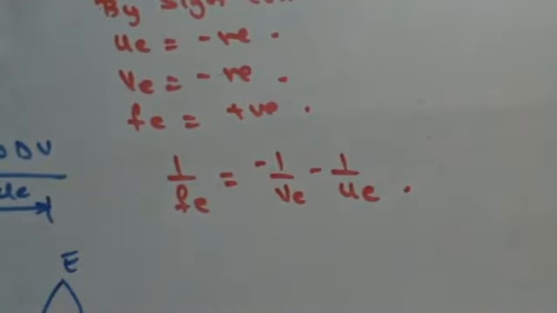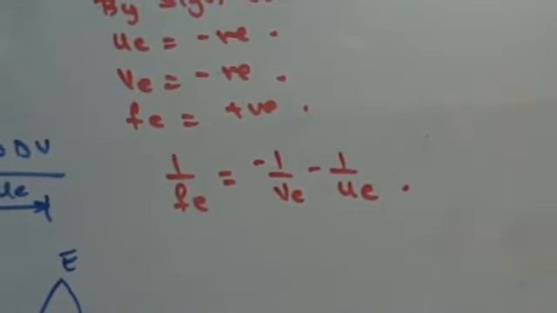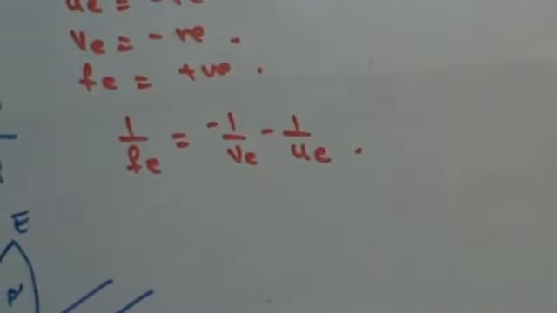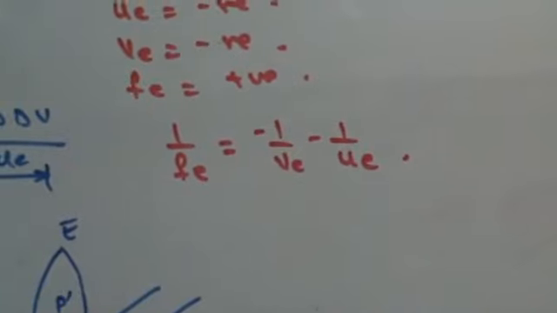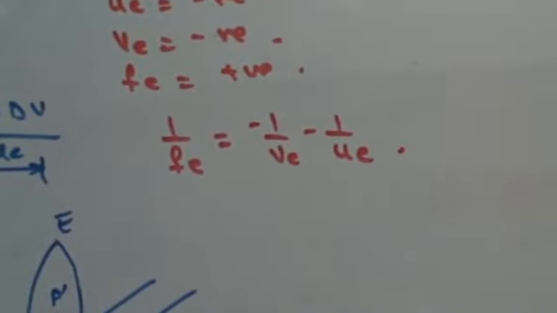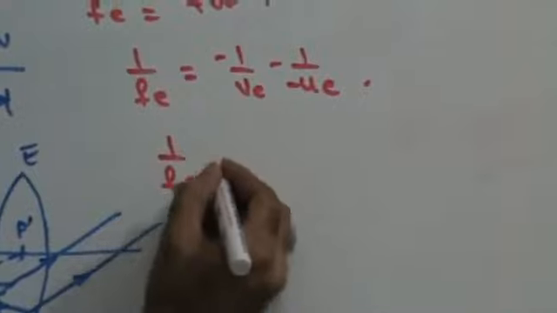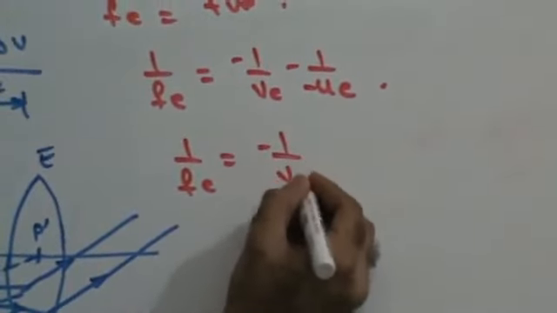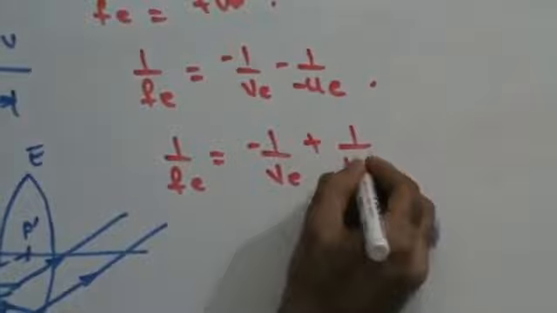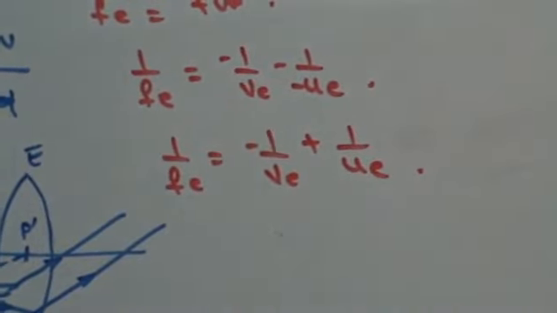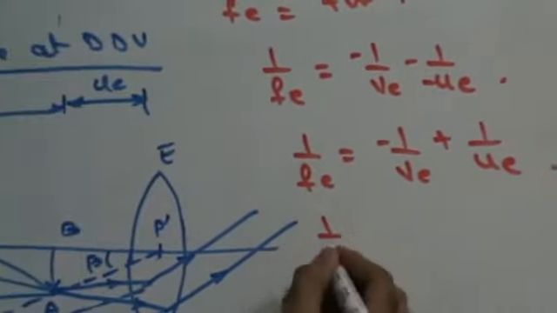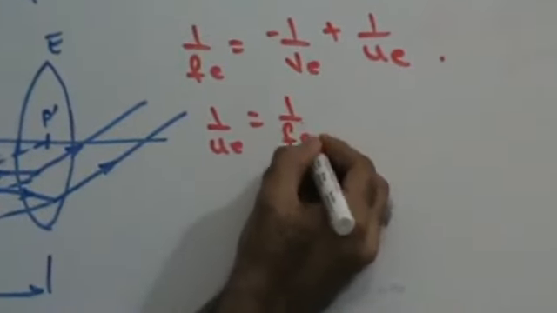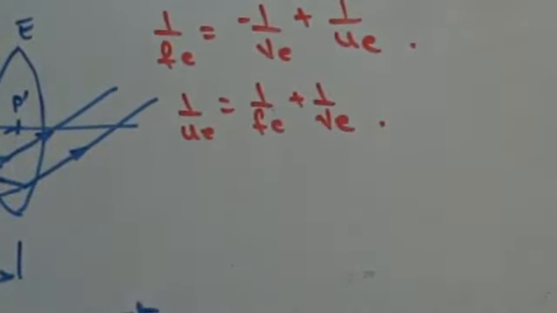So in that case, UE in itself is also negative. So I'll get 1 upon FE is minus 1 upon VE minus into minus plus 1 upon UE. So I'll get 1 upon UE is 1 upon FE plus 1 upon VE.